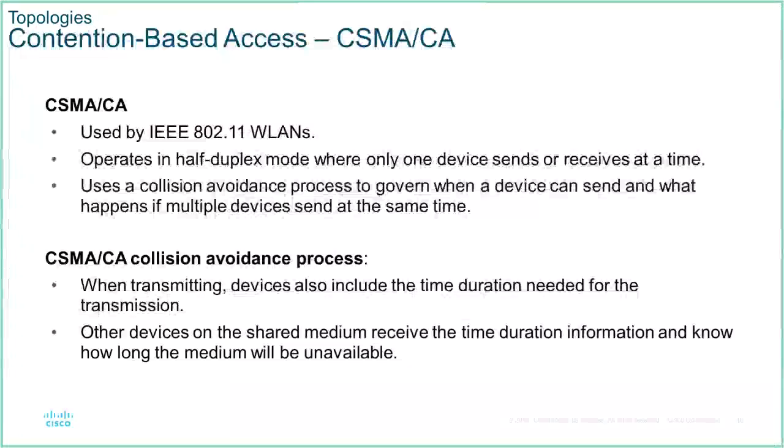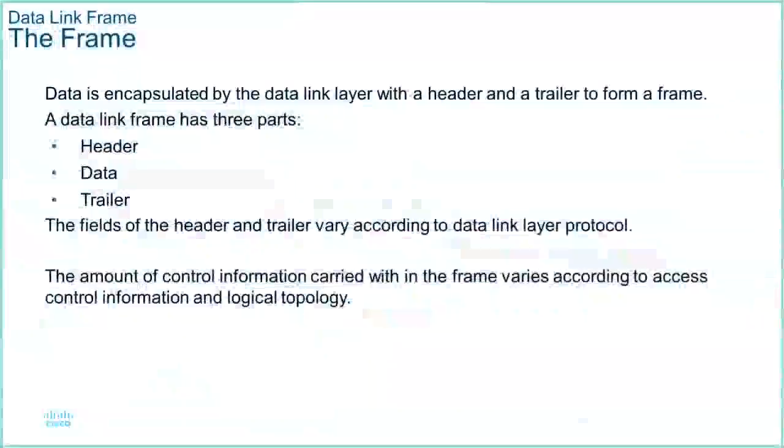Okay, so it tells what devices can have a chat when and how often. All right, the frame. The frame is made up of a header and a tail, which wraps around the packet from layer 3.